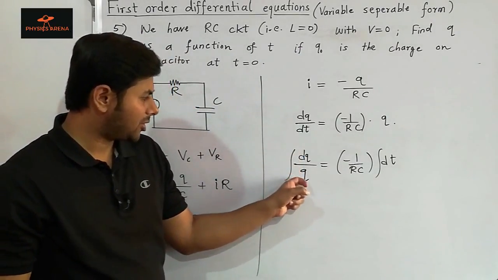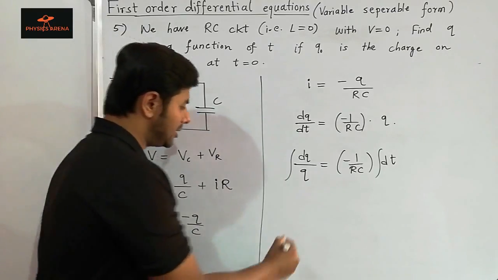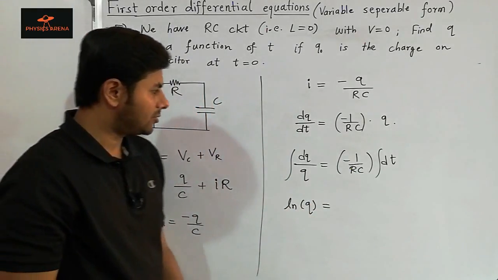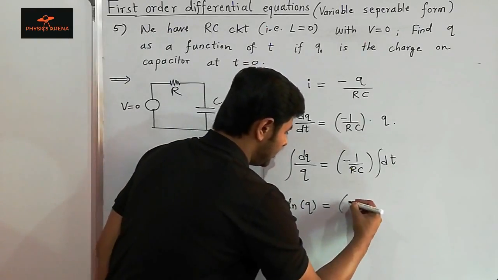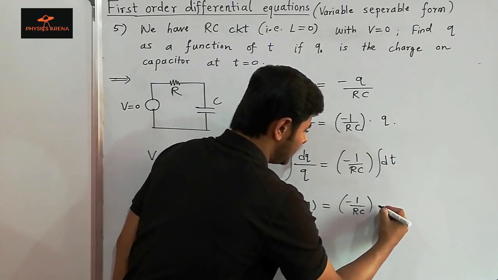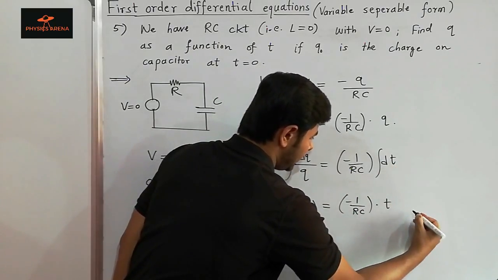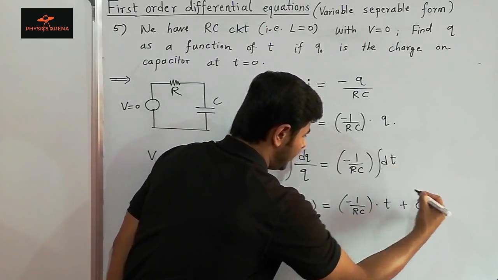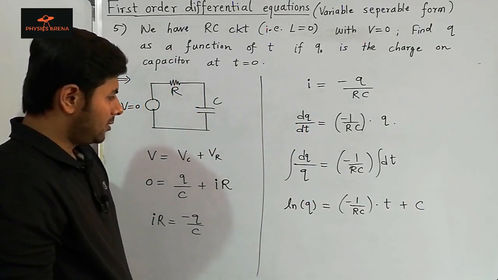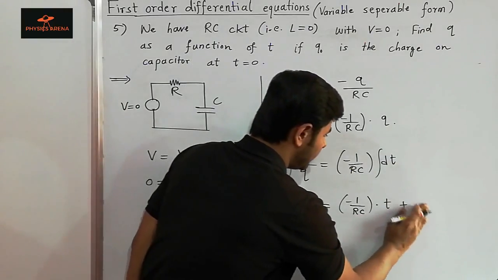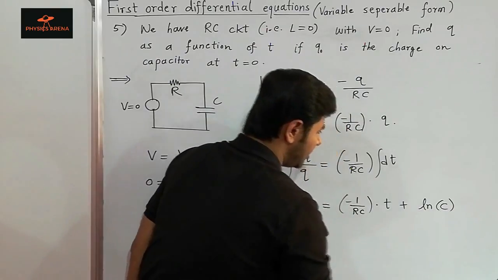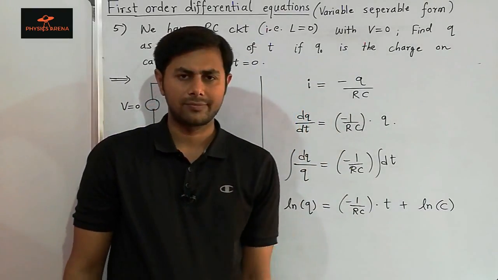The integral of 1 over Q dQ is just ln of Q equals minus 1 over RC times the integral of dt, which is t, plus there will be some constant of integration. Okay, so log is involved. Let's put this constant as ln of some other constant, ln of C.